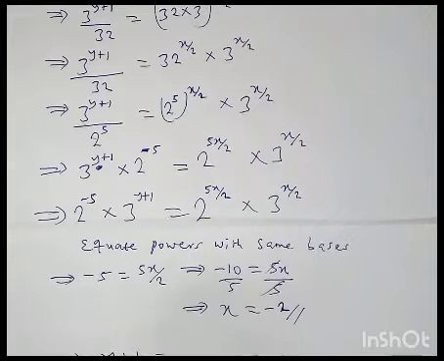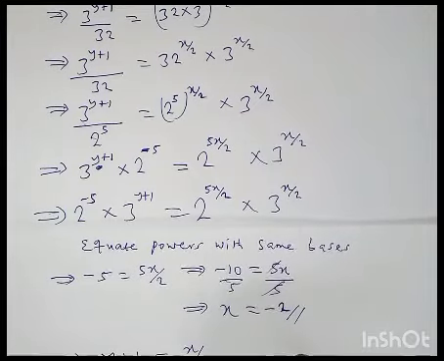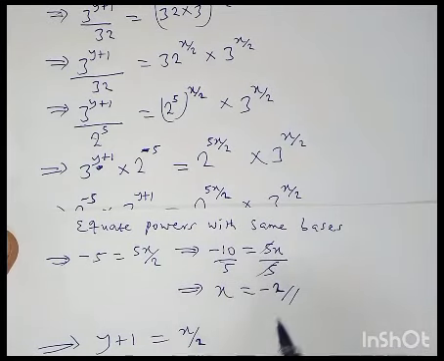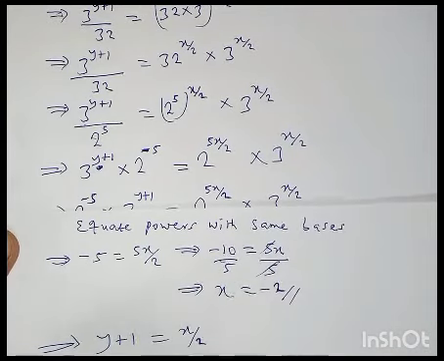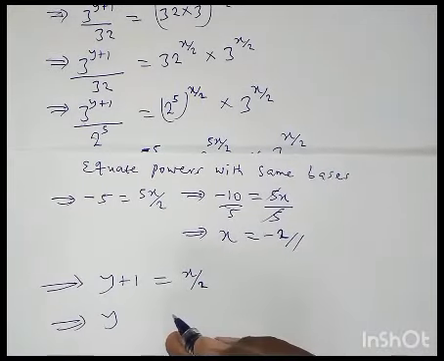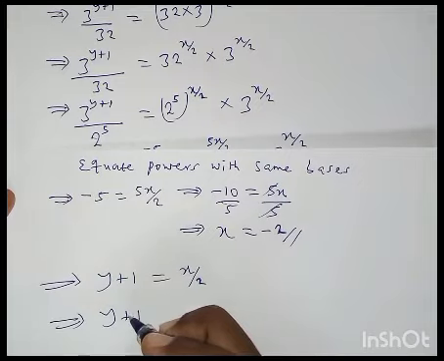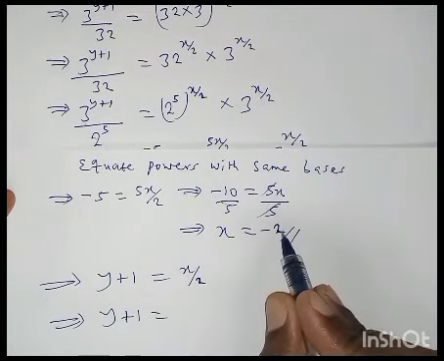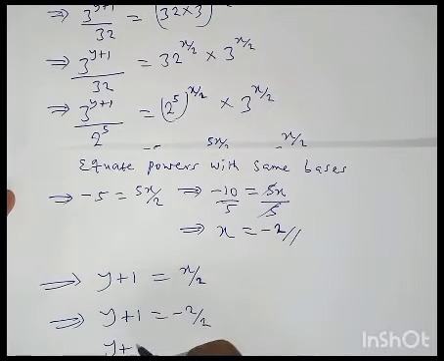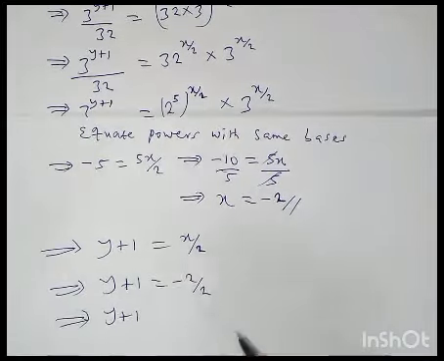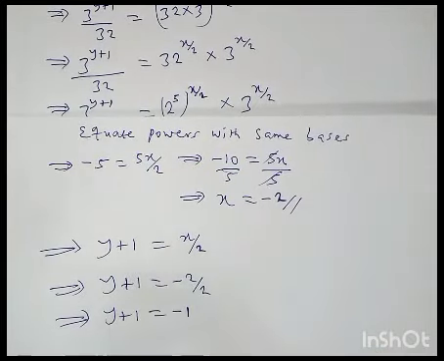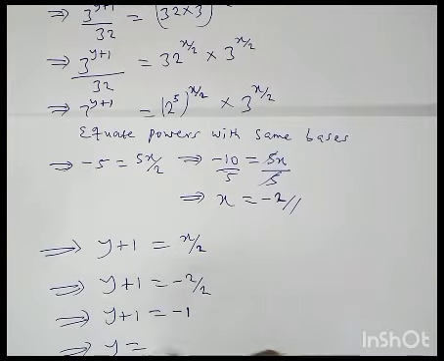We know that our x is minus 2, so y plus 1 equals minus 2 over 2, which is definitely going to be minus 1. So we know that y plus 1 equals minus 1.